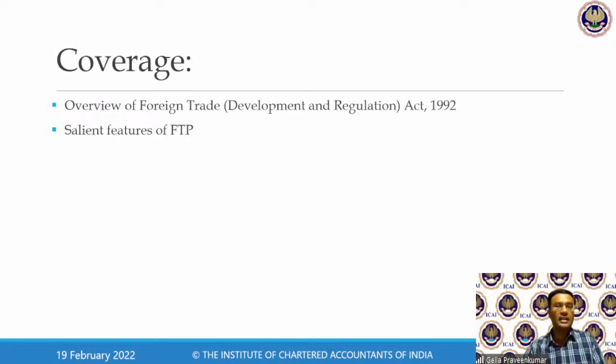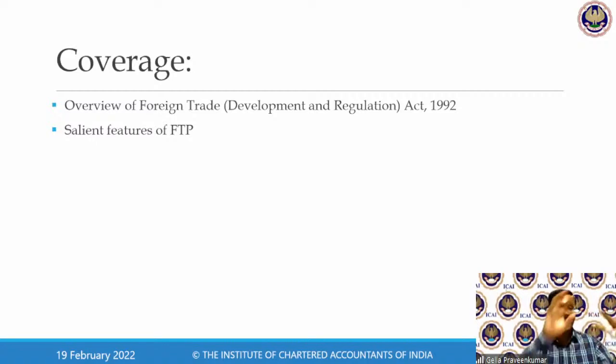Now, there are a few aspects called salient features, meaning what we need to understand about the importance of my foreign trade policy. Here they say, all the goods and services which have to be exported or imported, let it be free. When I say free, it doesn't talk about your duties and taxes. This is a policy decision where they would like to say, should we give a free hand, should we restrict, or should we prohibit?